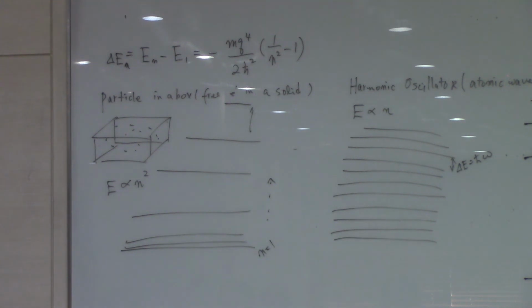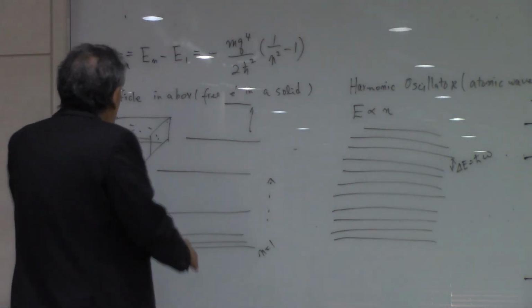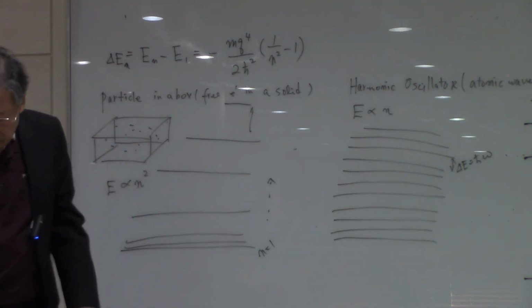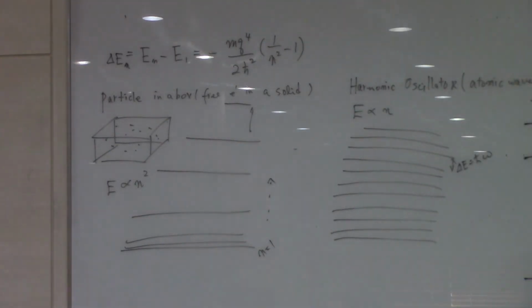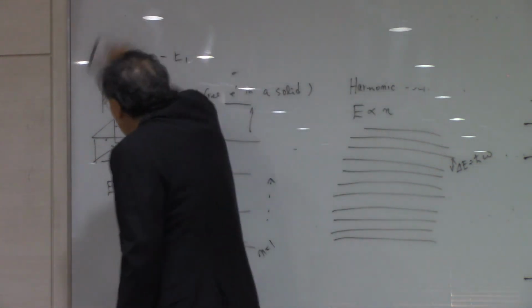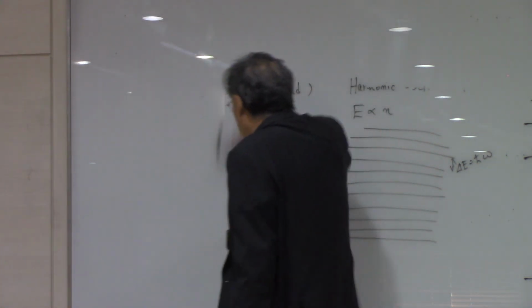In this free electron model, with this base, we have to think about what is going to happen to the electrons when we put the atoms together.